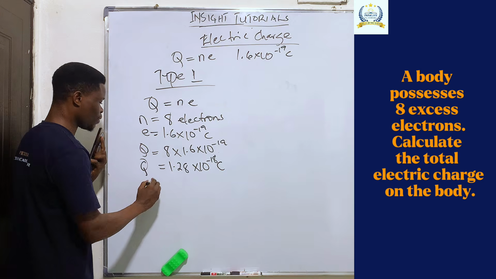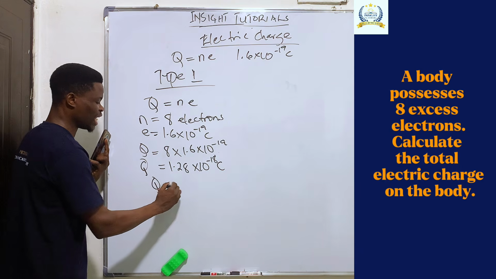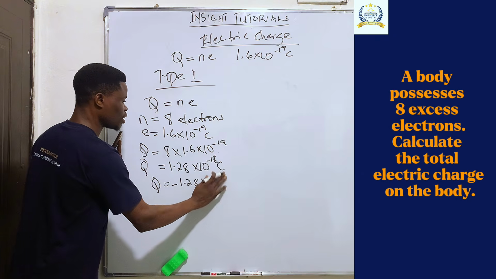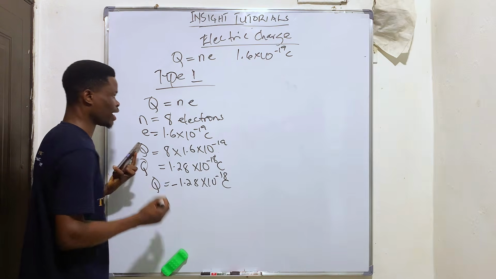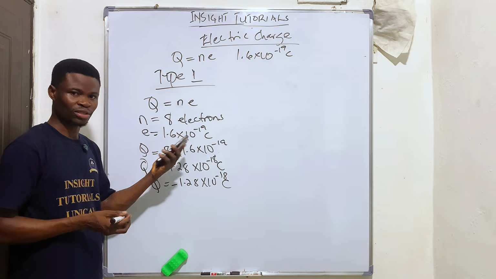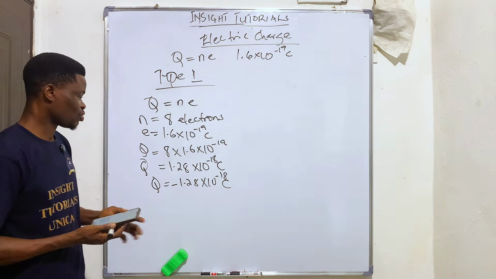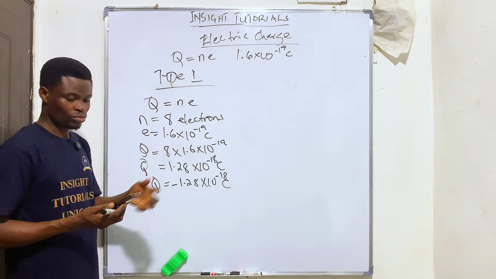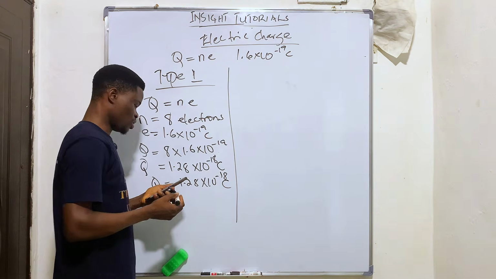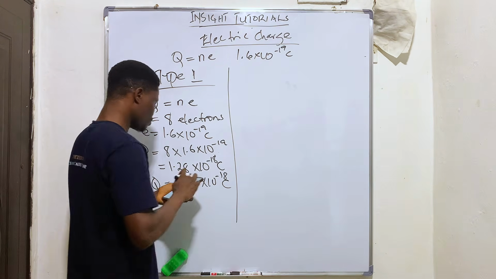But our total charge will actually be a negative 1.28 times 10 raised to the power of minus 18 coulomb. Why? Because we are dealing with excess electron. Electrons are negatively charged, not positively charged. So that's the first.